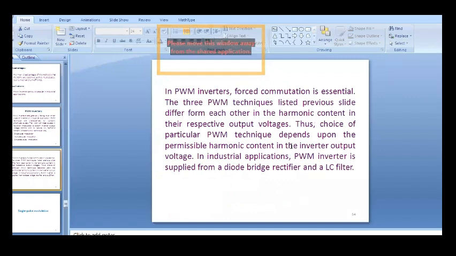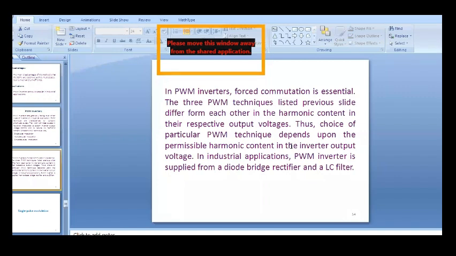Each differs from the others in the harmonic components in their respective output voltages. Thus, the choice of a particular PWM technique depends on the permissible harmonic content in the inverter output voltage.